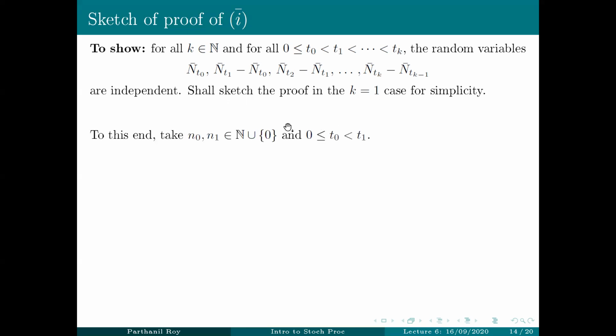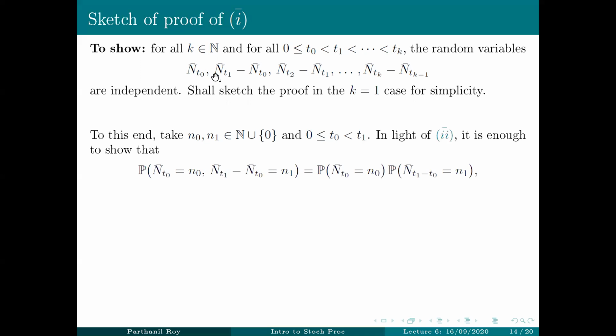Okay, so once k is equal to 1, we just have to show that n bar t0 and n bar t1 minus n bar t0 are independent. To this end, take two non-negative integers, n0 and n1, and then take a non-negative real number t0 and another real number t1, which is strictly bigger than t0.